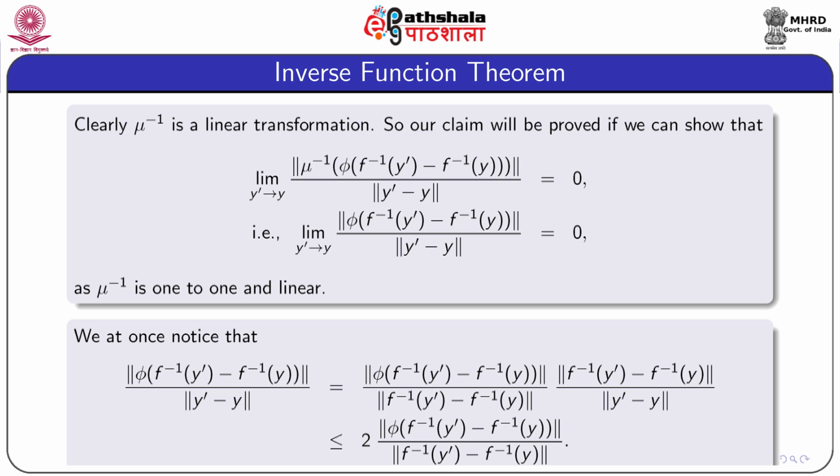Now, we notice that norm of phi (f inverse y dash minus f inverse y) by norm of y minus y dash we can express as a product of two terms. First one, norm of phi (f inverse y dash minus f inverse y) by norm of f inverse y dash minus f inverse y, multiplied by norm of f inverse y dash minus f inverse y by norm of y dash minus y.